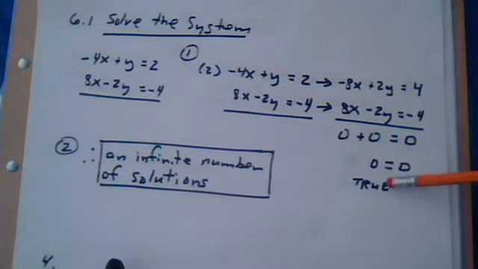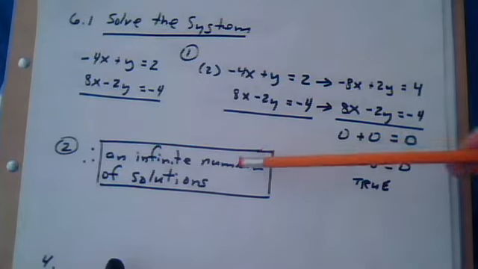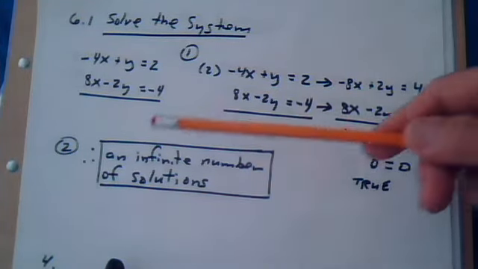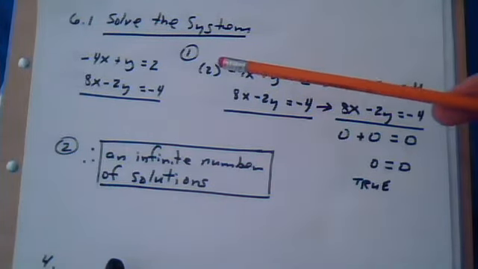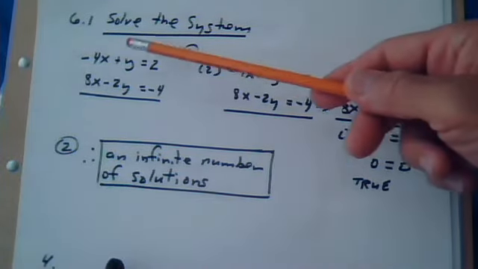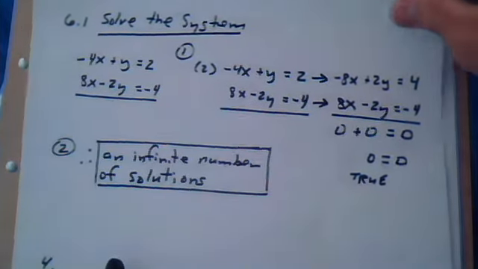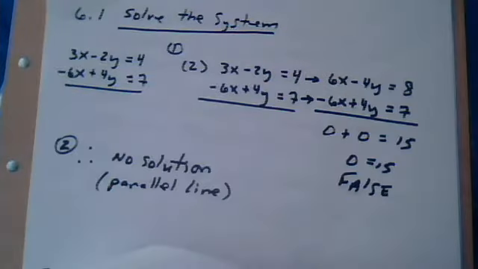When you get a true, then we have an infinite number of solutions case. In other words, the two equations represent graphs of two lines that are intersecting everywhere, an infinite number of times.